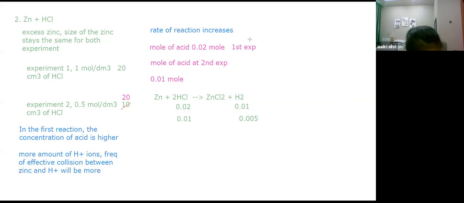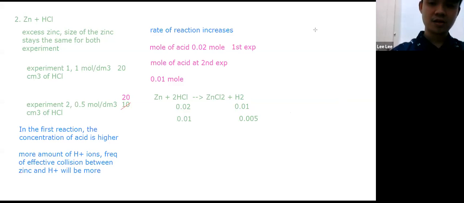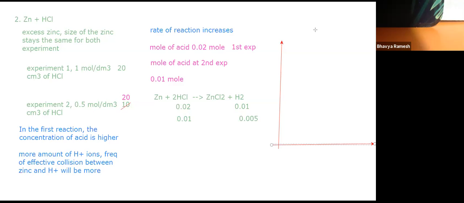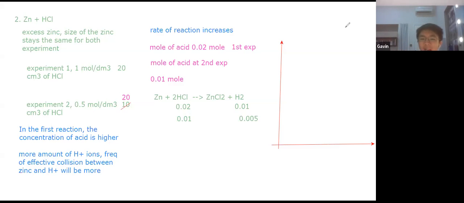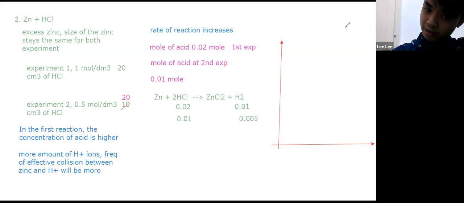So when I draw the graph, it's no longer the same as the first slide just now. Between my first and second experiment, the first experiment definitely has to be steeper because it's faster. How do you get 0.005? Half of the mole of the HCl, right?